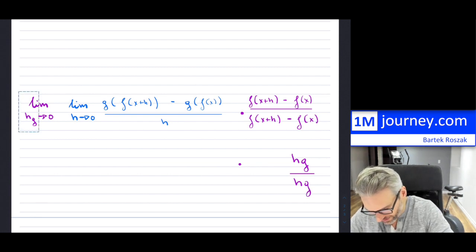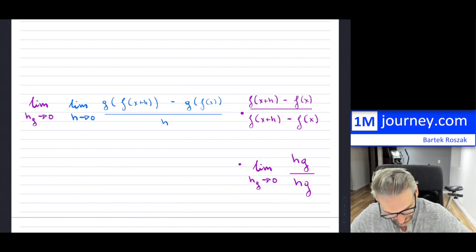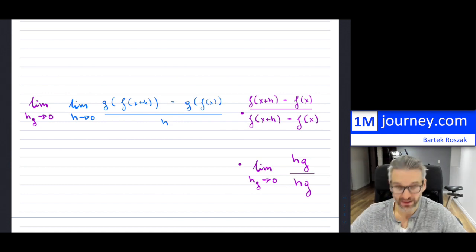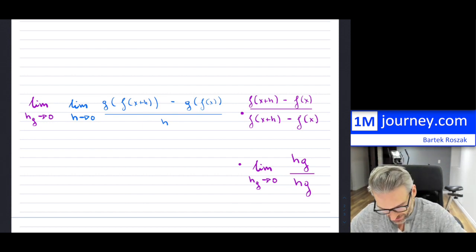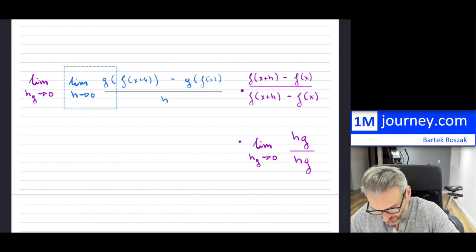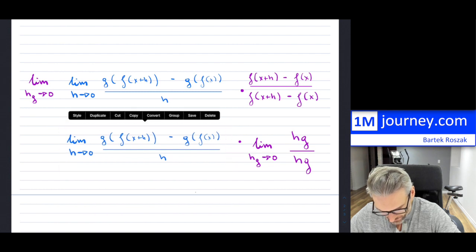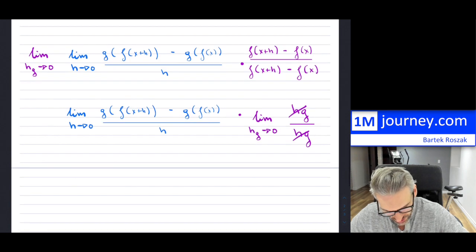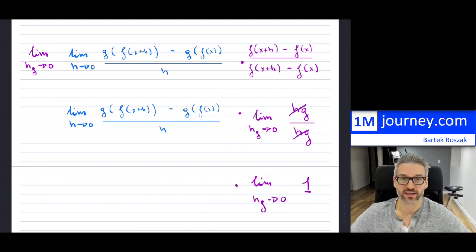Now that limit of that hg, if I duplicate it and bring it within here, as you can see, hg is never actually 0. It tends towards 0. That's the limit property that we have. So this is just simply hg over hg, which is just the limit as hg approaches 0 of 1, which is a constant.